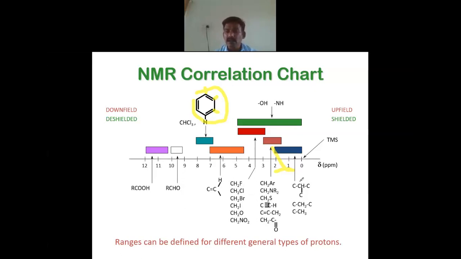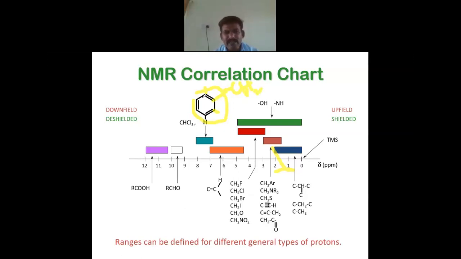And simple alkenes and alkynes: these are the aromatic ones, and now the simple ones are present between 2 and 3. For example, here we can write CH2. This CH2 is not aromatic.